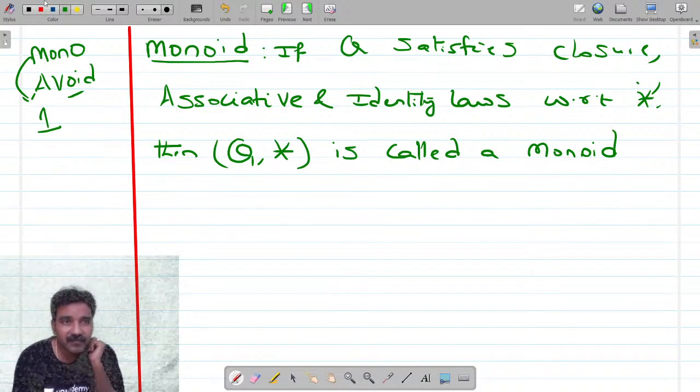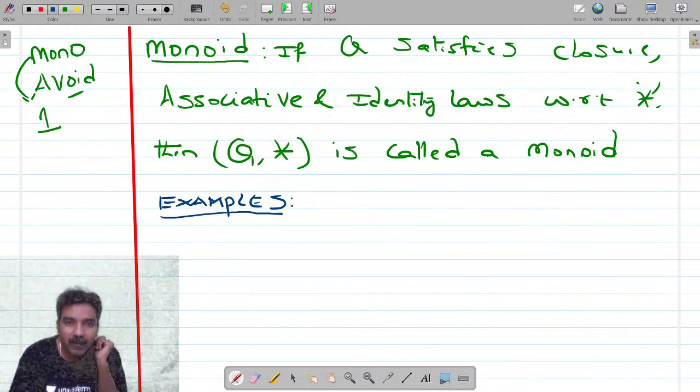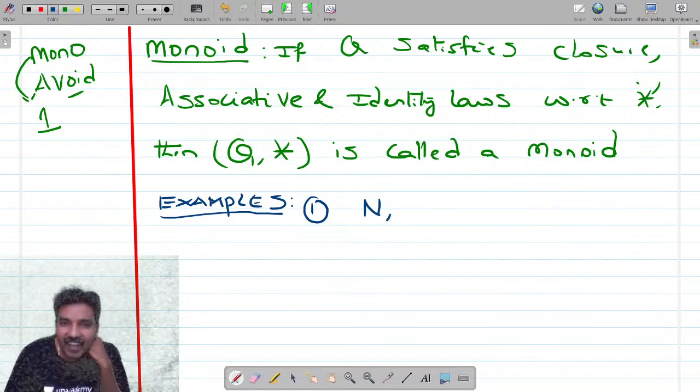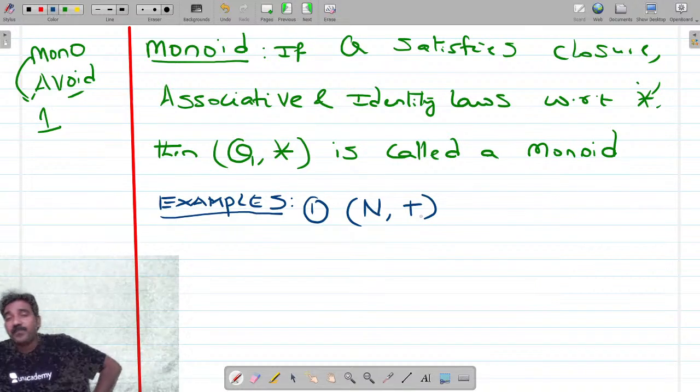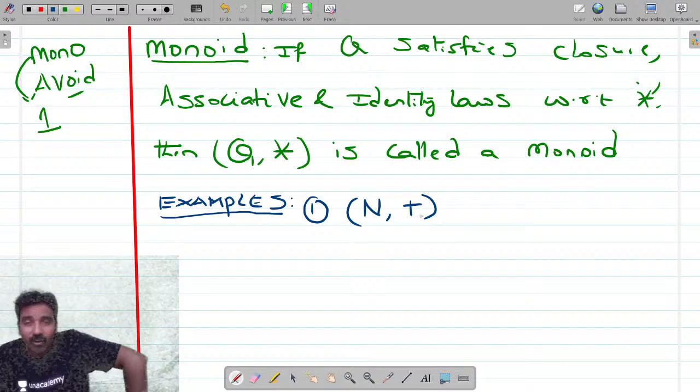Let us start with natural numbers comma plus. Is it a group, or is it a semi-group, or is it a monoid, or is it abelian?